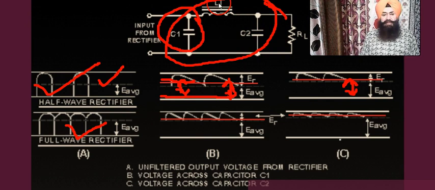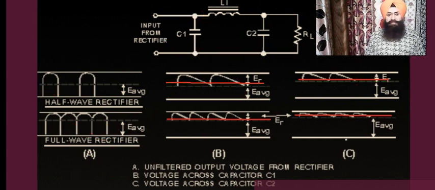And if we are using the pi filter, then ripple is very much reduced and average value is increased. So it is beneficial to use the pi filter with a full wave rectifier, either by using 2 diodes or by using the 4 diodes like a bridge.